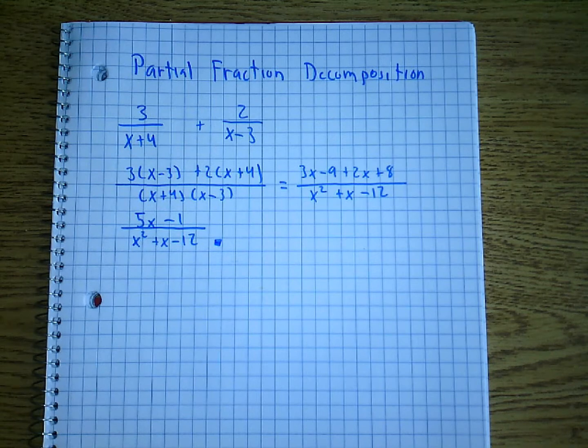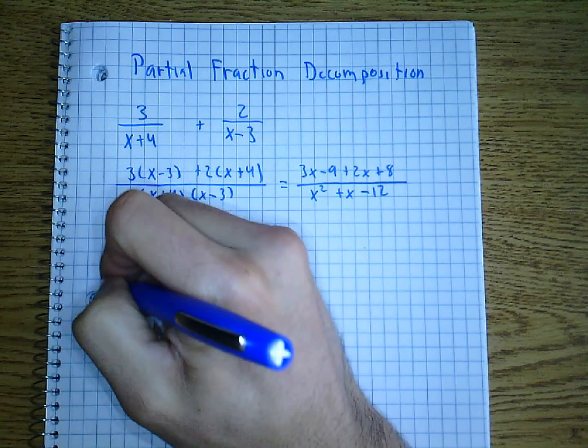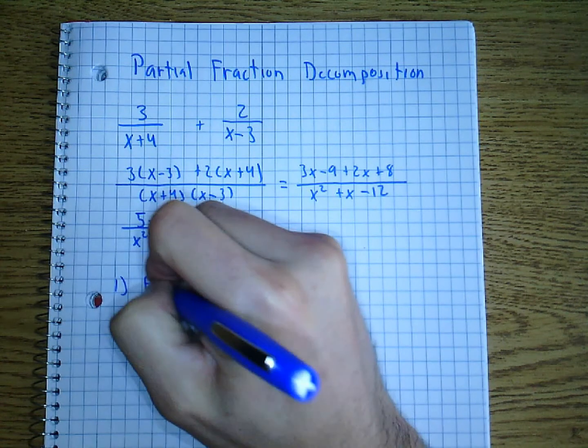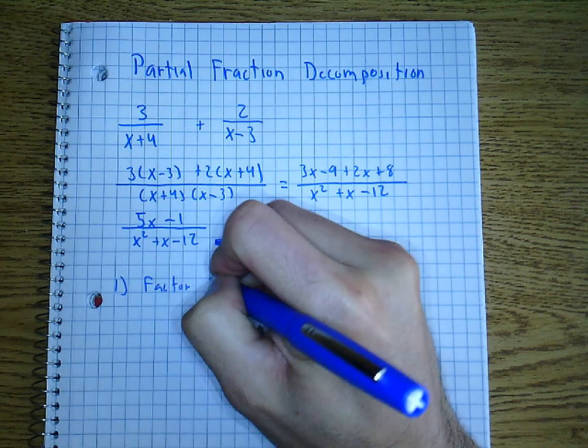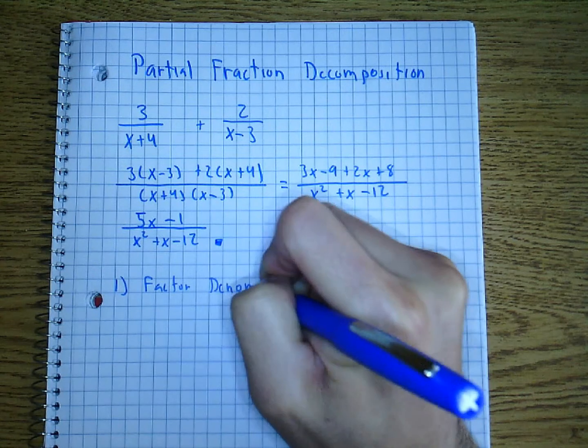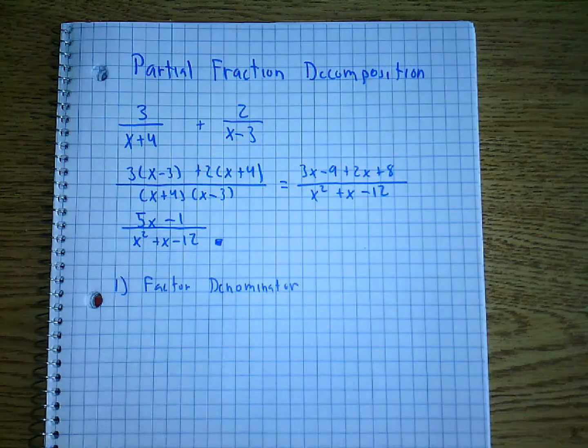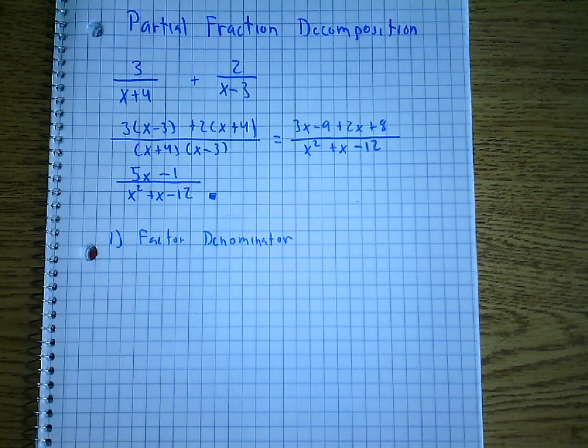Factor the denominator. Good. So, step one, you are going to factor your denominator. Do I need to factor the numerator? No, not necessary. You just have to factor your denominator.